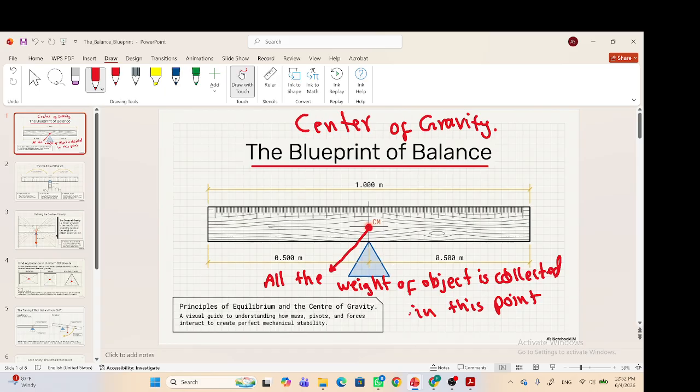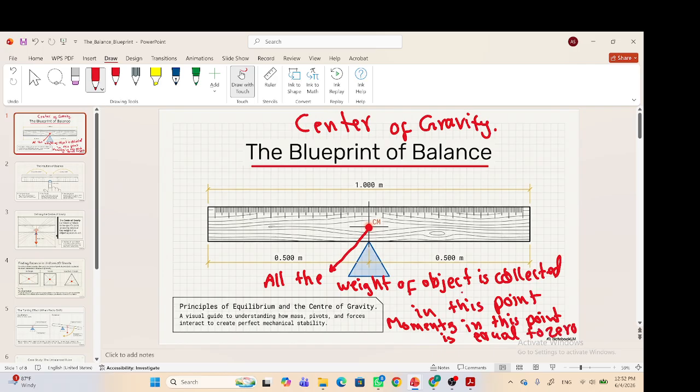And after that, the way we can determine whether this is the center of gravity or not is the moment. All moments in this point are equal to what? Equal to 0.